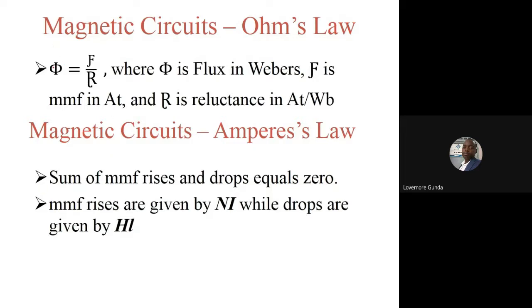One thing that you have to take note of is that in magnetic circuits, we calculate reluctance. In an electric circuit, we give you the resistance, 10 ohms, 15 ohms, and the like, and you just punch in the values and proceed. But in magnetic circuits, we have to calculate the reluctance based on the length, the type of material, and the cross-sectional area.